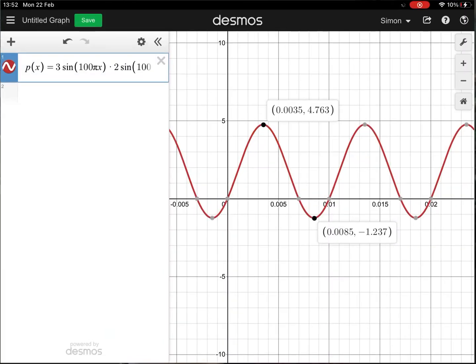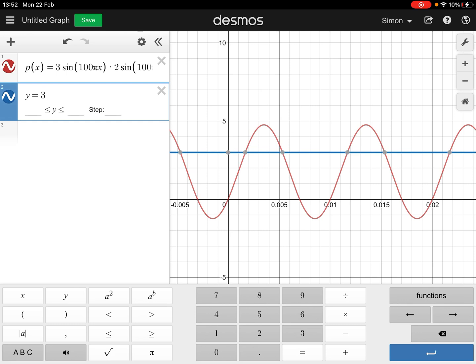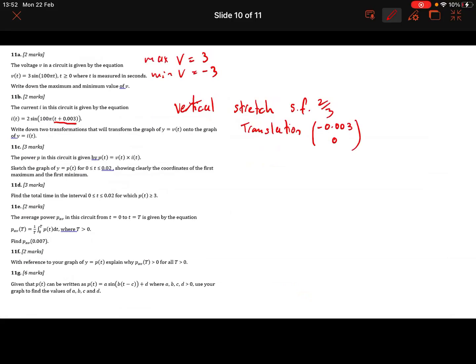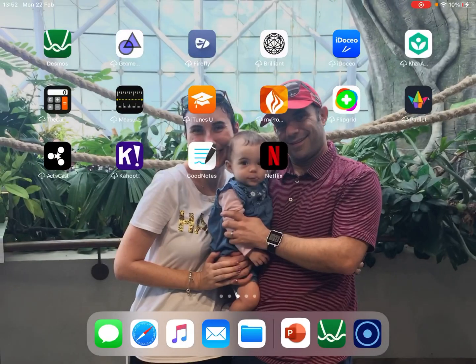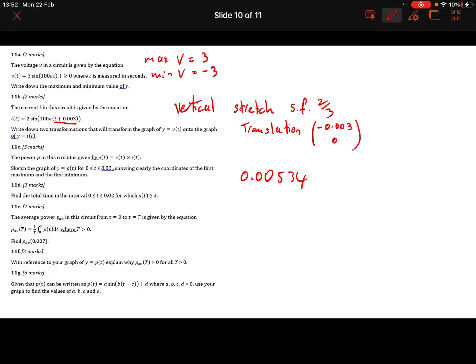So we can see that we are above 3 between these two times here, 0.001676 and 0.005324. Let me just write those down. So we're above 0.005324, and then also the other point was 0.001676.